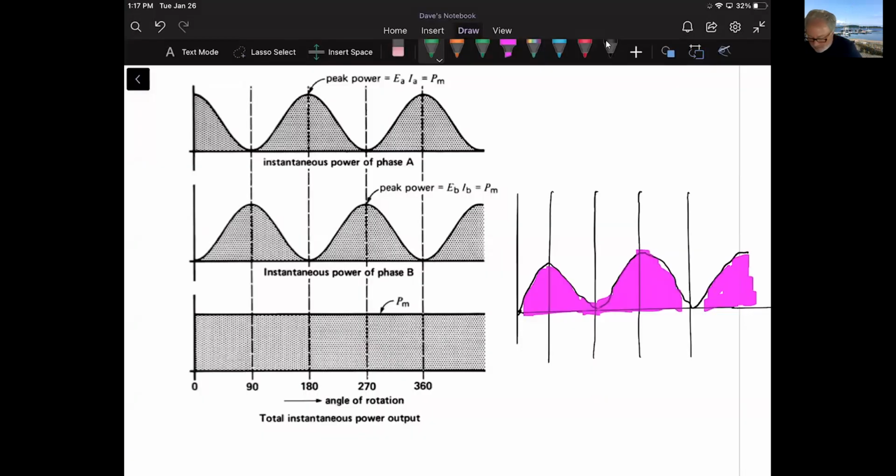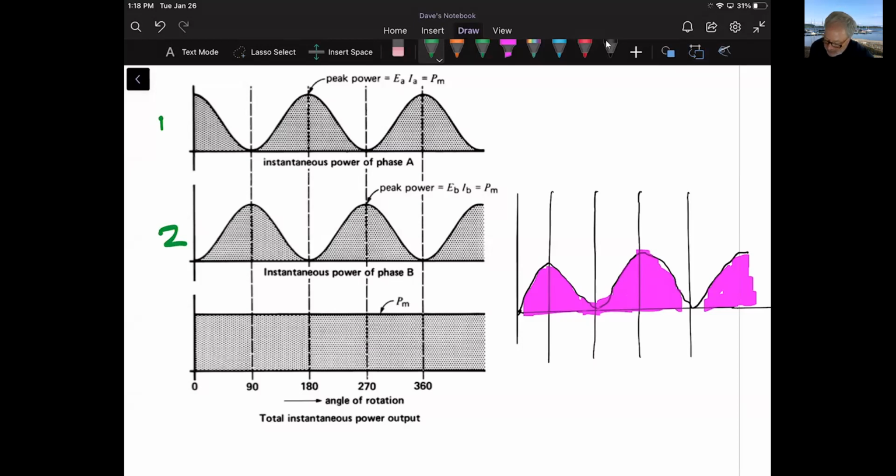Okay, after this attempt, I won't quit my day job as a textbook illustrator. But what I've tried to do here is, this is from the two-phase generator, and we had the instantaneous power output, right? And we had two phases of that. So this was one, this was two. And what I'm trying to show is there would be a third phase.